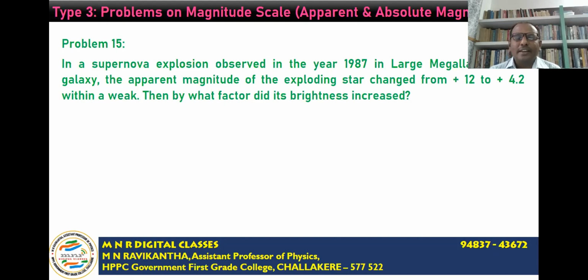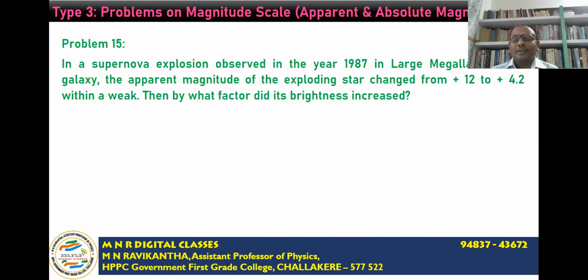By what factor did its brightness increase? You know that the lesser the value of magnitude, the greater is the brightness. So the apparent magnitude decreased from +12 to +4.2, which leads to a corresponding increase in brightness.